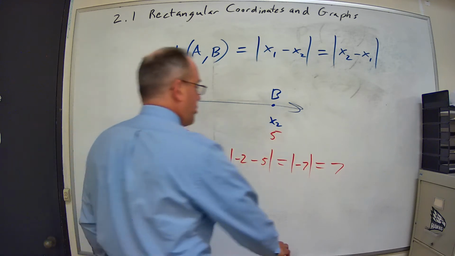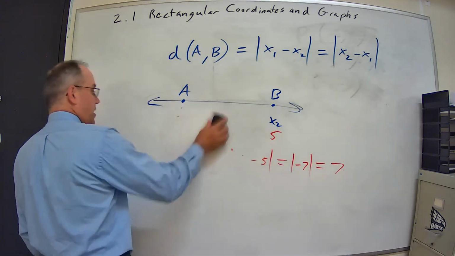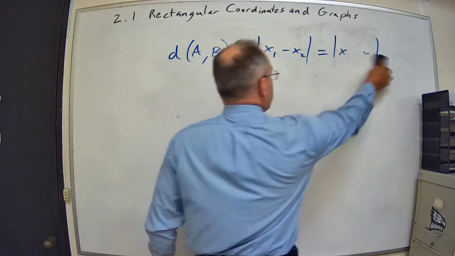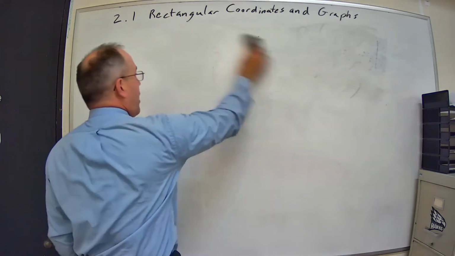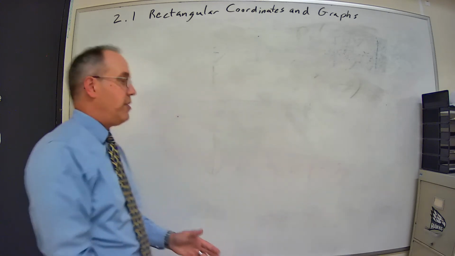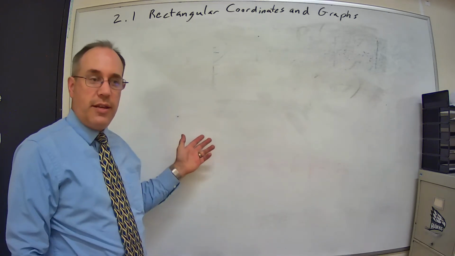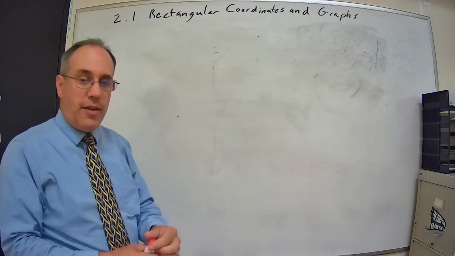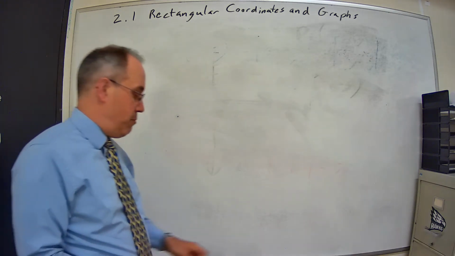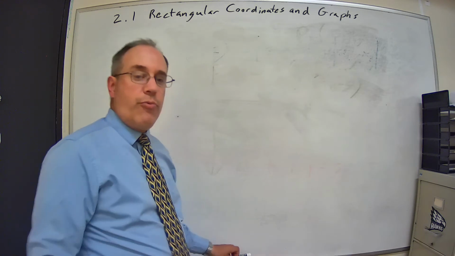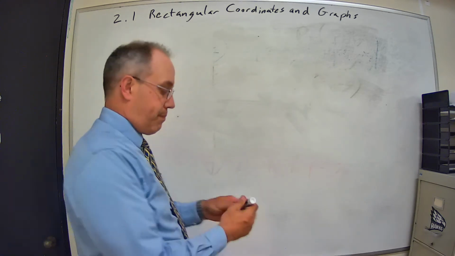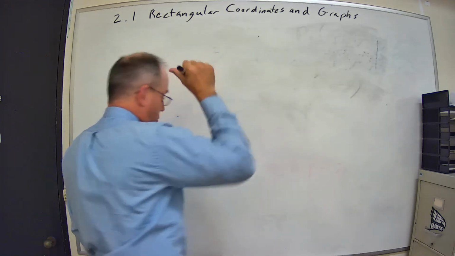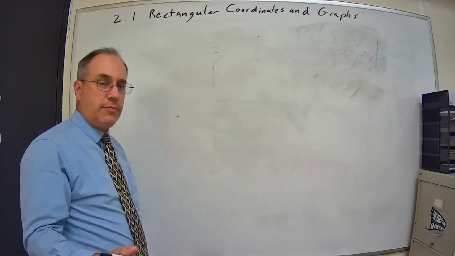Well, things change a little bit when we go to the rectangular coordinate system. Because now not only can things move left to right, but they can also move up and down. But that's not as scary as it may sound initially. And the reason it's not as scary is because we already have the tools to work with that.